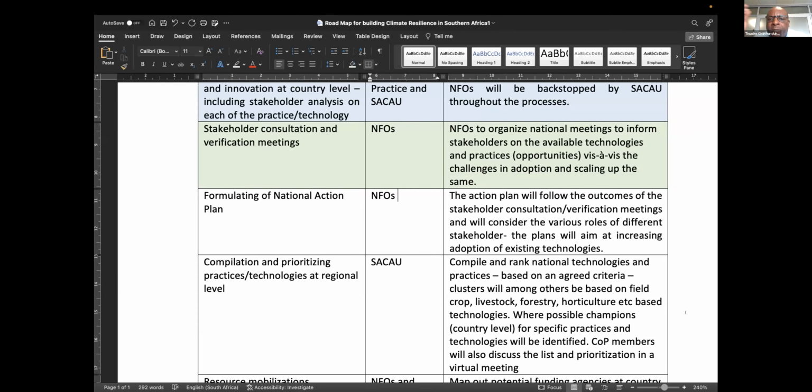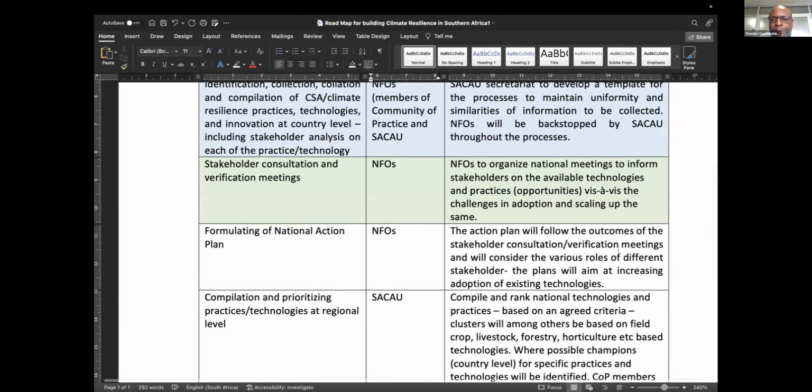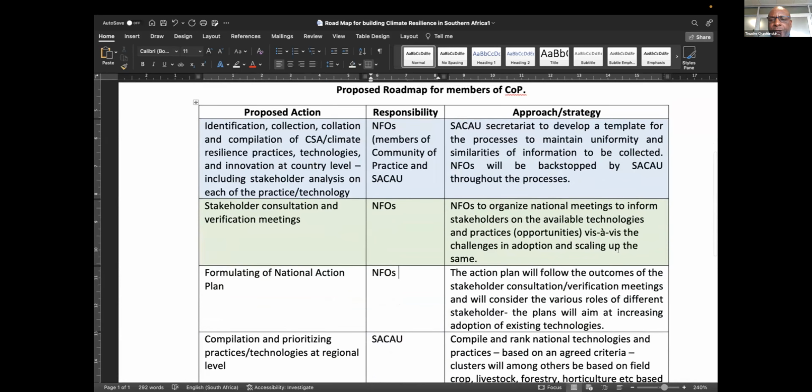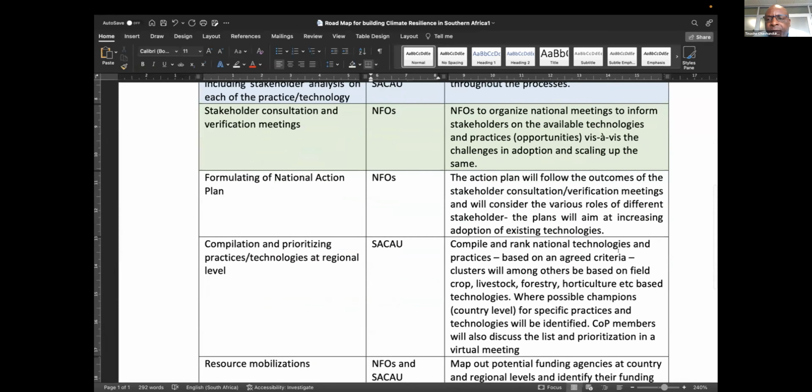So in terms of the approach again for the third action, the outcomes of the stakeholder consultation and verification meetings will consider the various roles of different stakeholders, because once we give a stakeholder a responsibility, we will be doing some monitoring and evaluation to say, for this particular stakeholder, we were given a responsibility to do this as put in the national action plan.